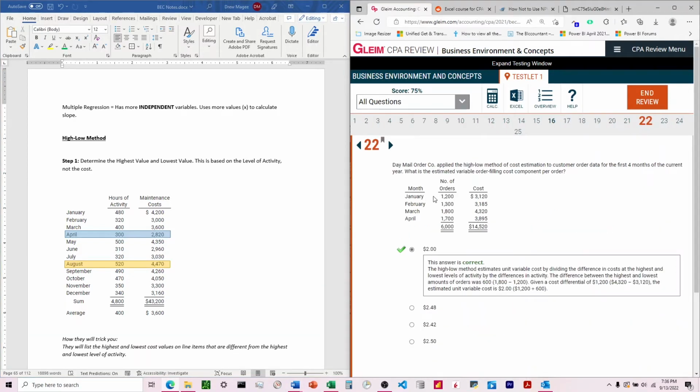So this is another one, how it would look. They're asking for what is the estimated variable order filling cost component per order. They're trying to trick you with the terminology there, but basically what we're looking for is the high-low method right here. Once we see that, we know exactly what we need to do.